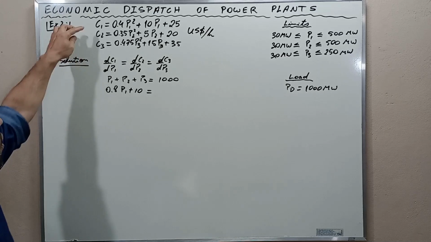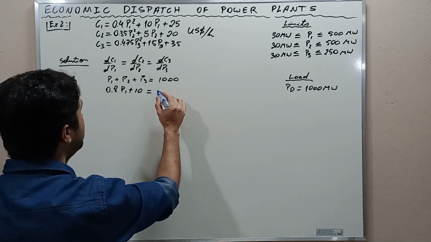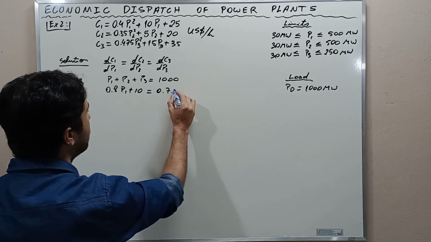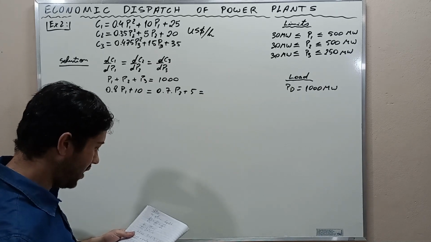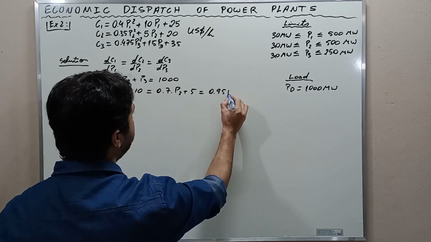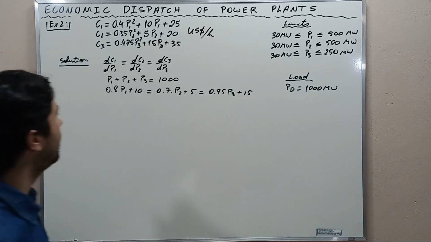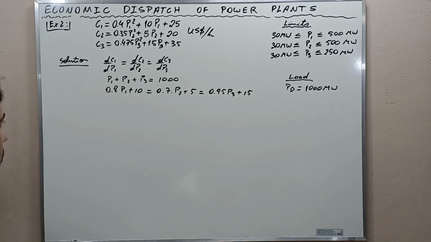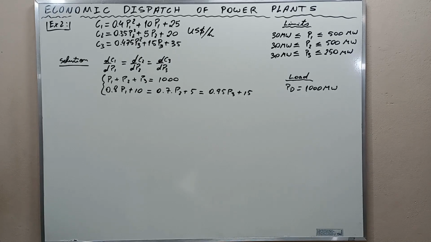This is the derivative of C1, equal to 0.7 P2 plus 5, which has to be equal to 0.95 P3 plus 15. And the other condition is this. P1 plus P2 plus P3 has to be equal to 1000. We have a system of equations.